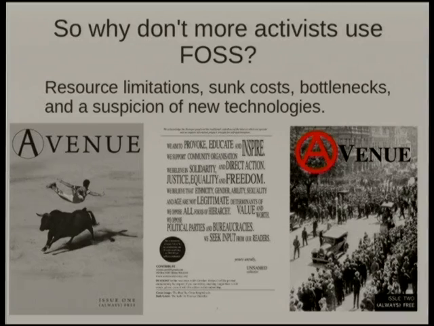It's available online at unnamedavenue.org to some extent. And we have had various problems with our process that I have tried to solve with FOSS and failed. So I'm using this as a case study to look at what it actually looks like when activists fail to use FOSS and why.